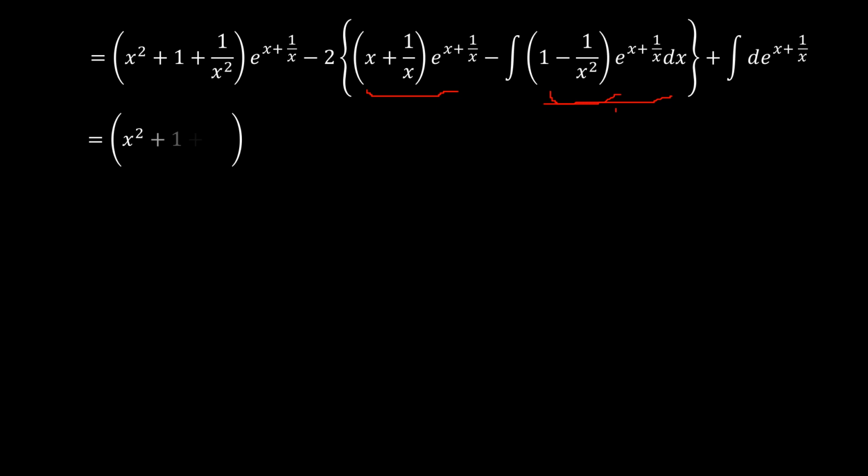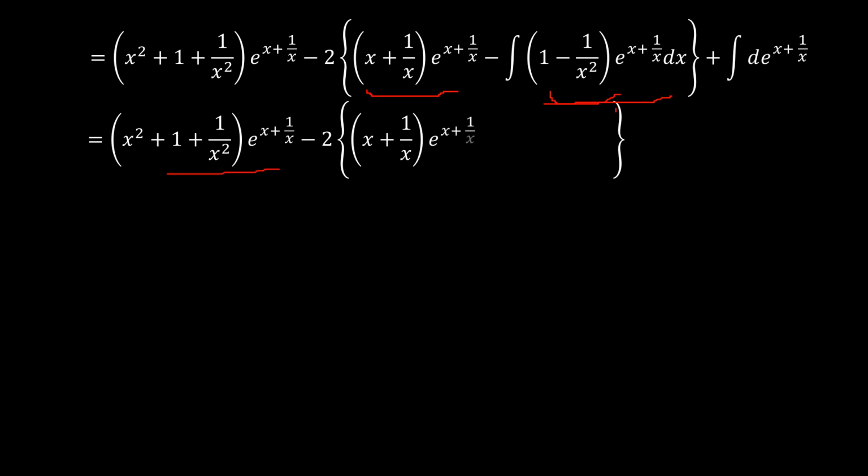So the integral now becomes this initial value minus 2, the big brackets, x plus 1 over x times e to the power x plus 1 over x minus the derivative of e to the power x plus 1 over x.